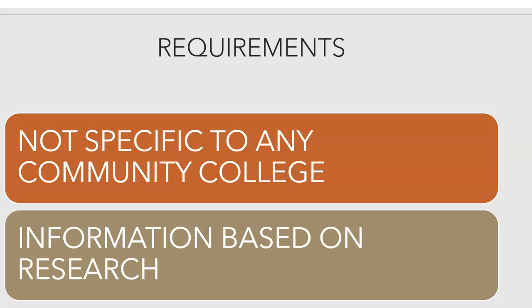For example, if you want to talk about African American male students, any African American male student attending any community college, that's your base. And the information that you share has to be based on research, based on articles you have read, the book you have had, or the video you have watched. If you have spoken to someone, definitely you can include that as well.